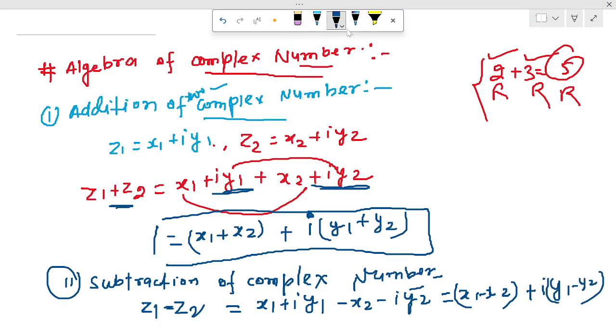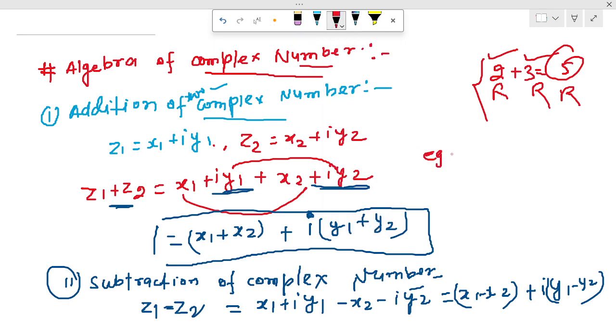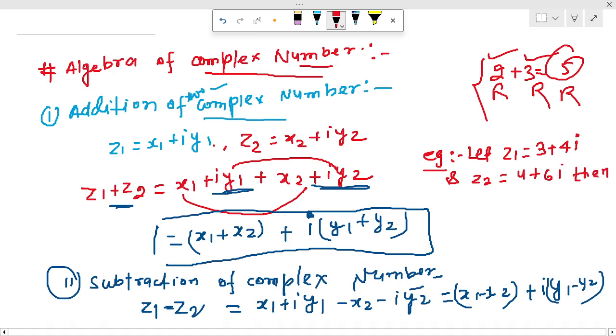Here is a small example of sum and subtraction. Let us take z1 equal to 3 plus 4 iota and z2 equal to 4 plus 6 iota. Then find the value of z1 plus z2 and z1 minus z2. That is very easy.